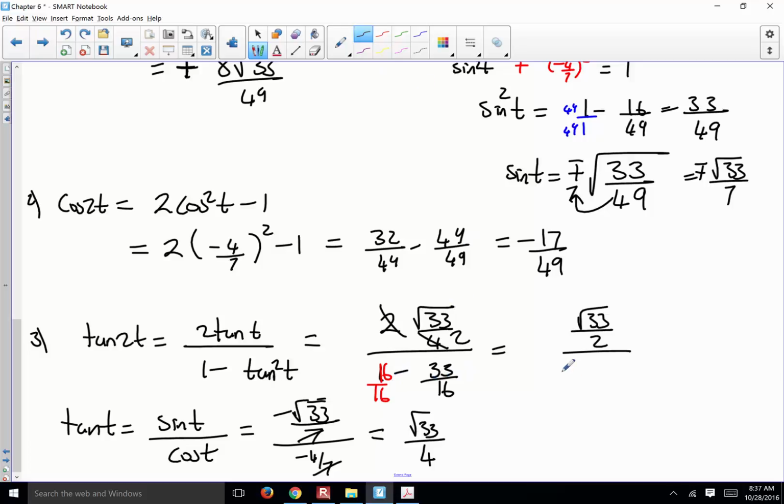Subtract, this is minus 17 over 16. Flip and multiply. I flip and multiply, get this 8. And the result is minus 8 root 33 over 17.